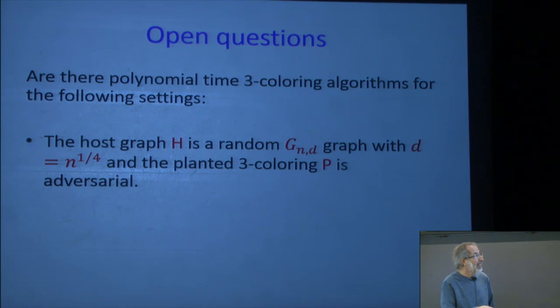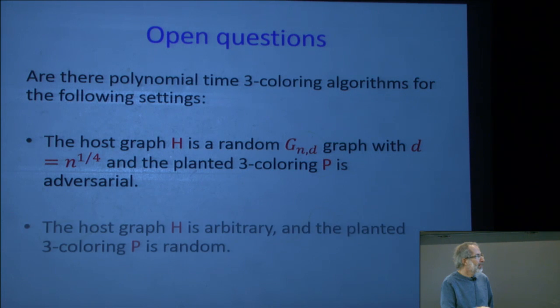Another that I find even maybe more interesting is the following. Suppose that the host graph is arbitrary. The adversary can choose any graph he wants, doesn't have to be, let's say, even regular, and doesn't have to have any expansion properties. And the planted 3-coloring is random. Can you then legally 3-color the graph?